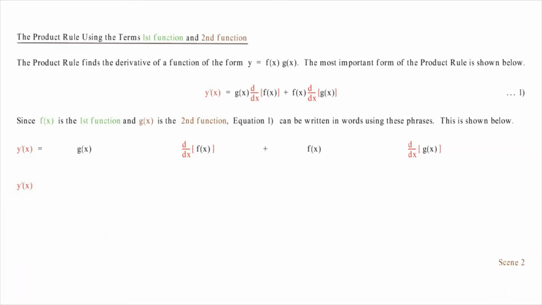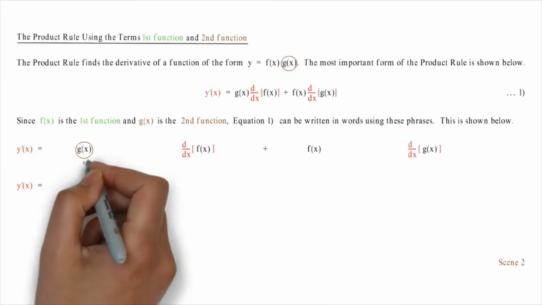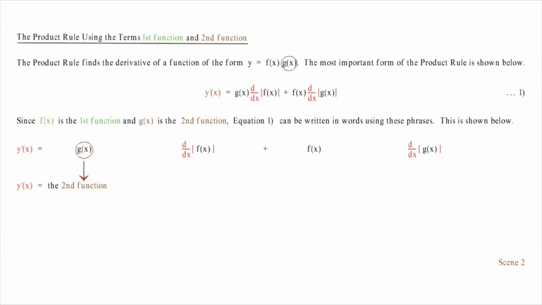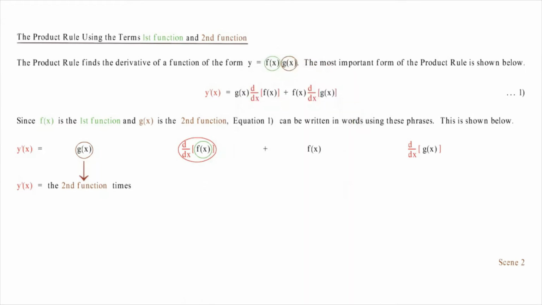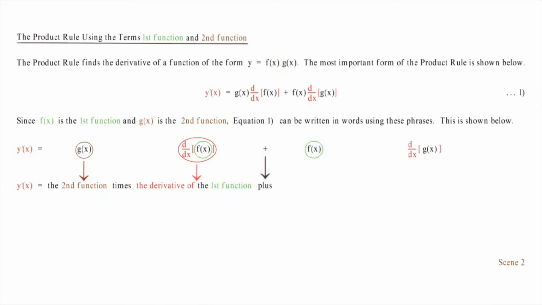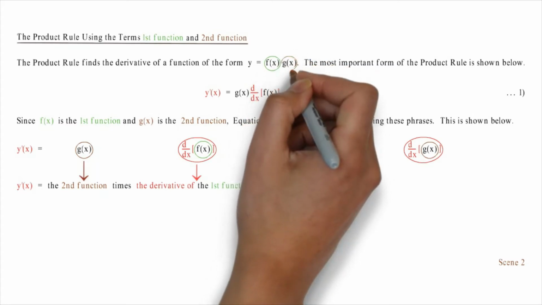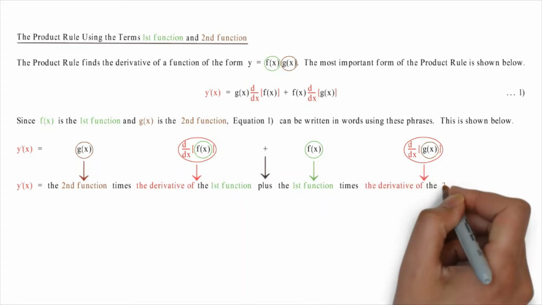Y dash of x equals g of x, where g of x is the second function, so substitute the second function, times d by dx of f of x, where f of x is the first function, so substitute the derivative of the first function, plus f of x, where f of x is the first function, so substitute the first function, times d by dx of g of x, where g of x is the second function, so substitute the derivative of the second function.